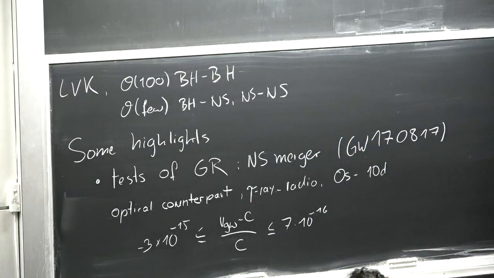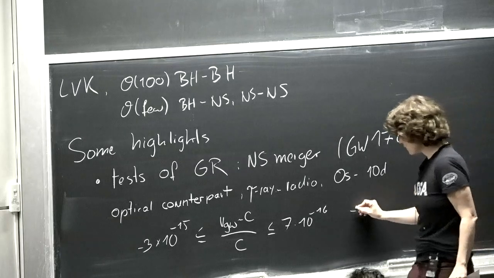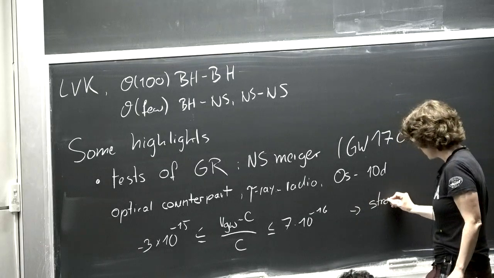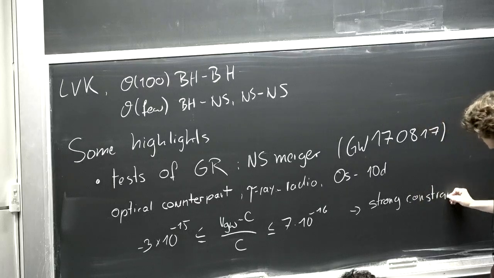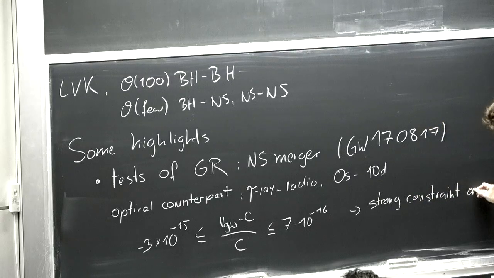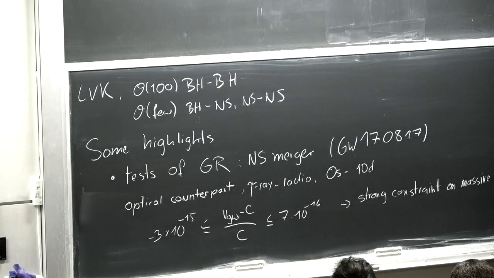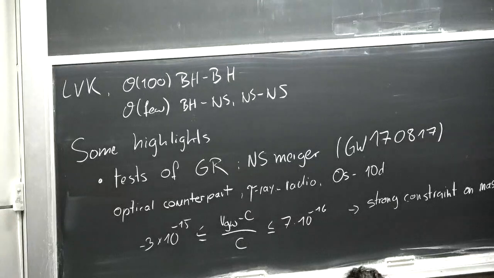This killed a whole bunch of beyond-GR theories with a single observation. So this is a strong constraint on massive gravity. Questions?